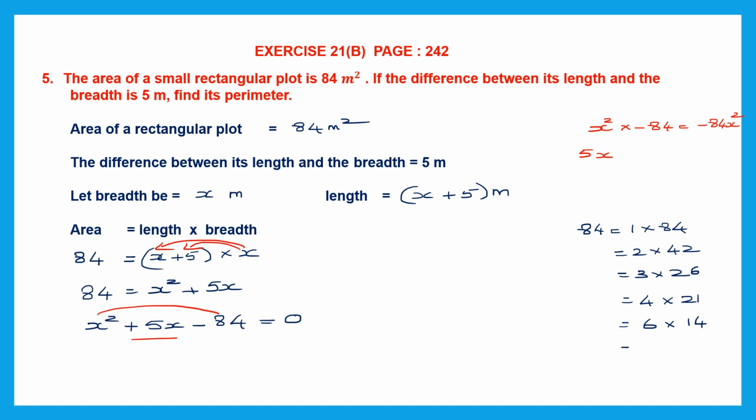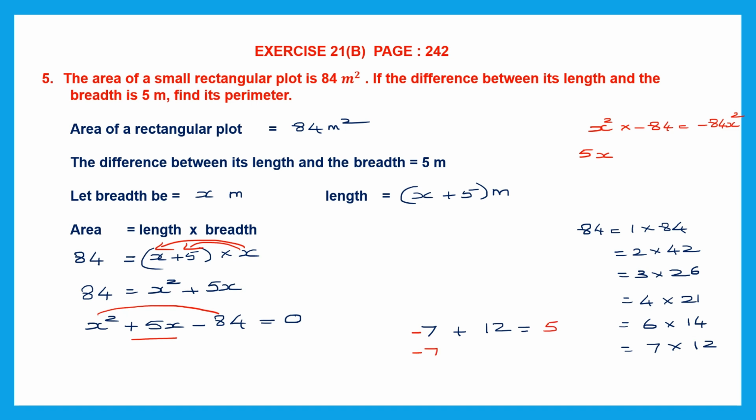Next, let's go on to 7. 7 into 12. 7 twelves are 84. Now look at these two numbers, 7 and 12. If you change the signs, won't you get 5? So let's try that. Suppose I take 7 plus 12, I will not get 5. So let me change one of the signs. If I make it minus 7, minus 7 plus 12 will give me 5.